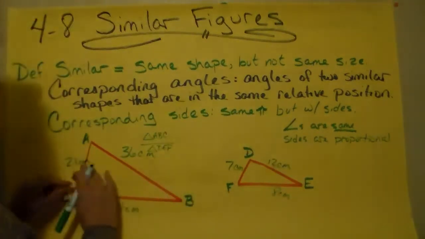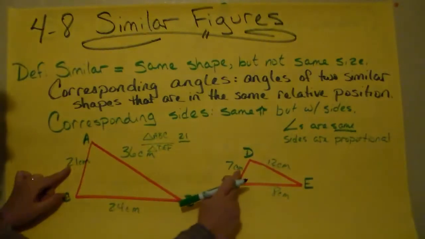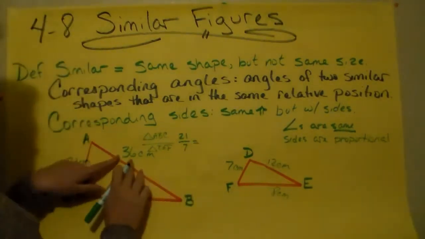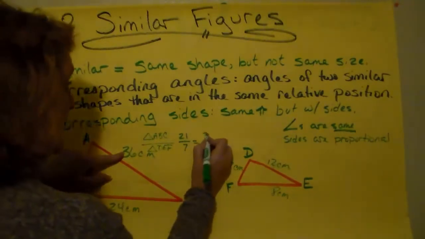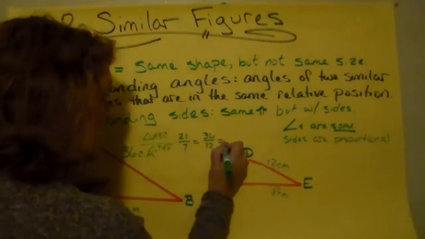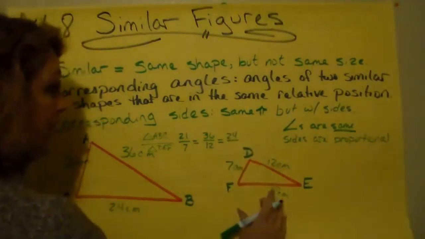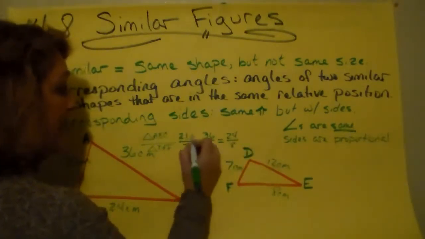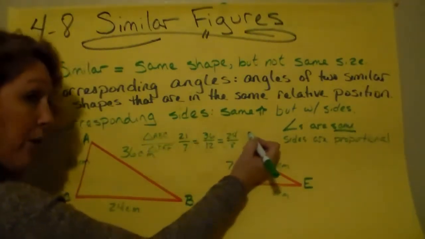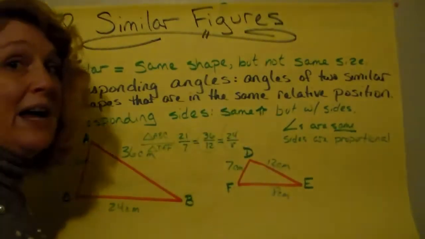So we want to see is 21, and this corresponds to this, over 7, equal to 36 over 12 and equal to 24 over 8. Now, each of these are corresponding sides, and ABC is always on the top and DEF is always on the bottom. If you don't set it up that way, it does not work.